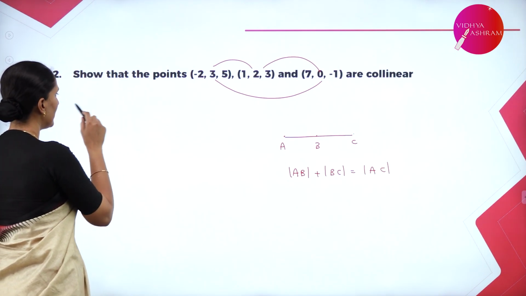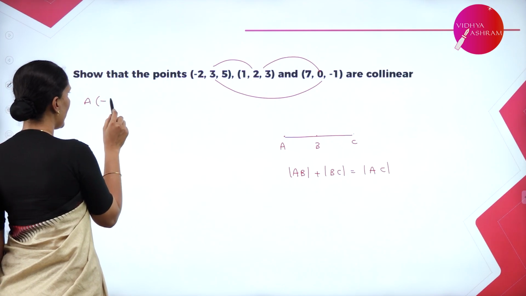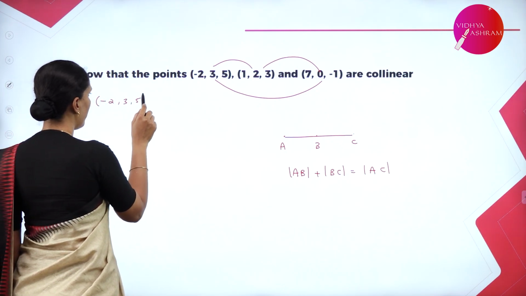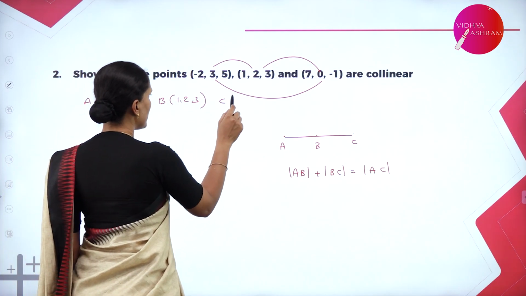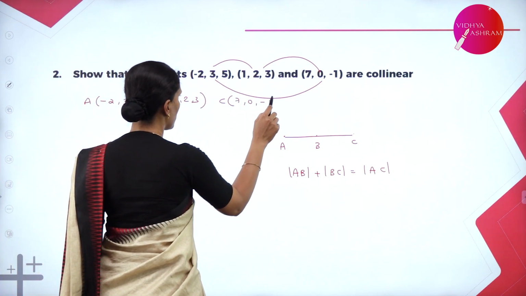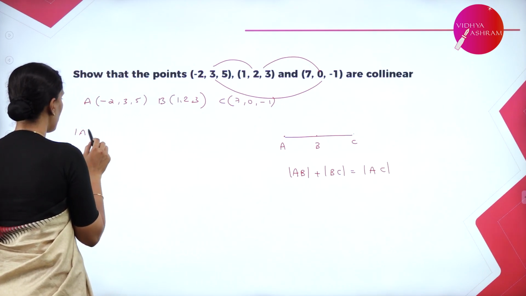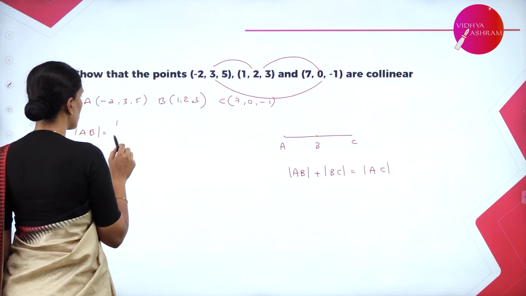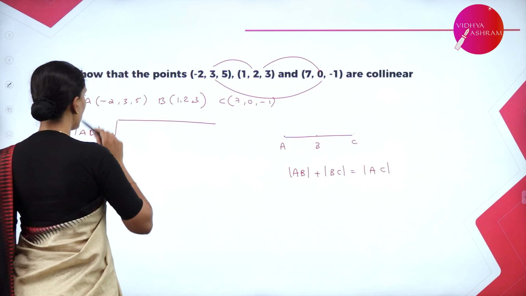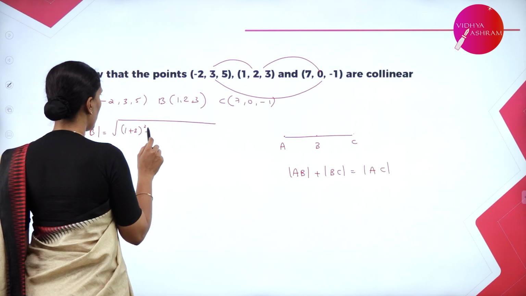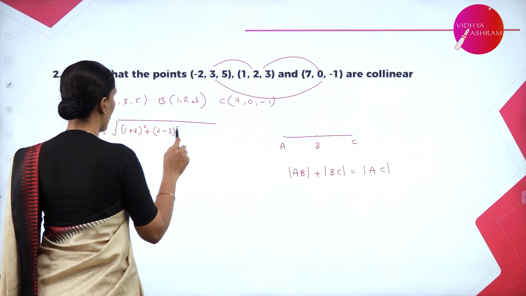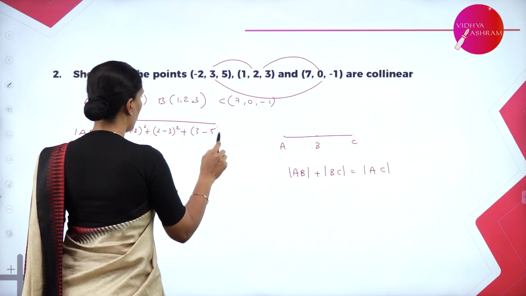Let me calculate this by taking point A as -2, 3, 5, B as 1, 2, 3, and C as 7, 0, -1. So distance AB is the square root of (1 minus of -2, which becomes +2) whole square, plus (2 minus 3) whole square, plus (3 minus 5) whole square.